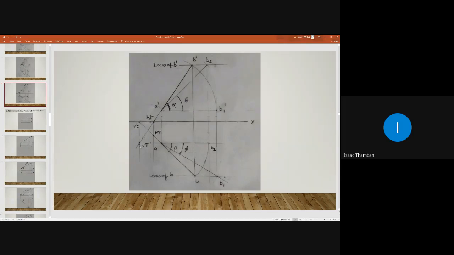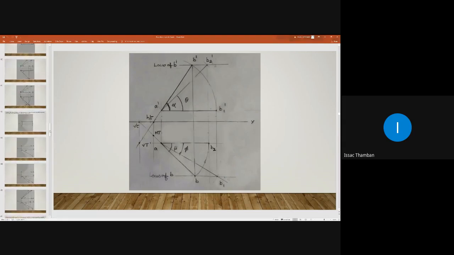So you are proceeding in the reverse direction. Here we have VT and small h. We will join small h and VT by means of a straight line, and we will extend like this, so that our points A and B will be on this line.